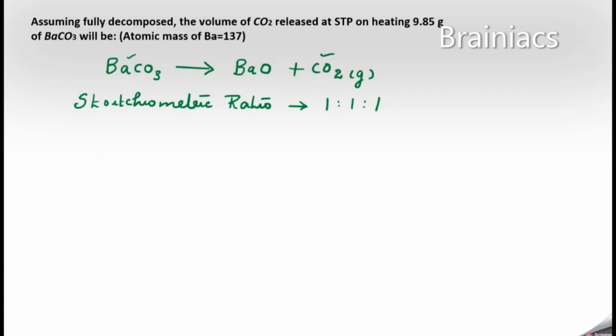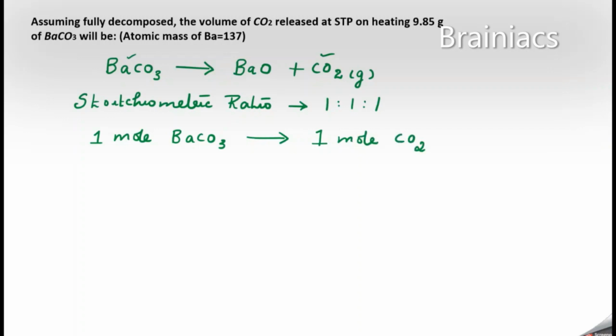So first of all we will write in terms of mole. We know that from stoichiometry, 1 mole barium carbonate produces on decomposition 1 mole carbon dioxide, correct. So 1 mole barium carbonate means what will be its mass?